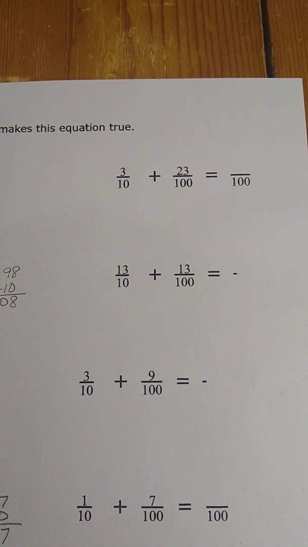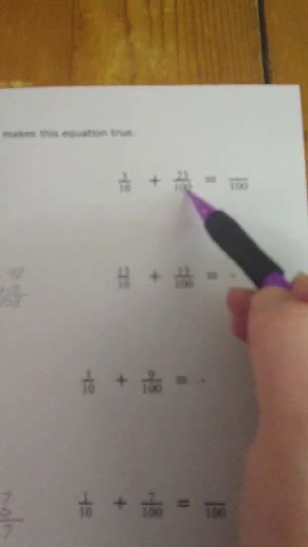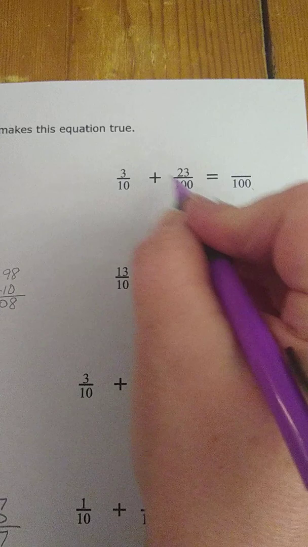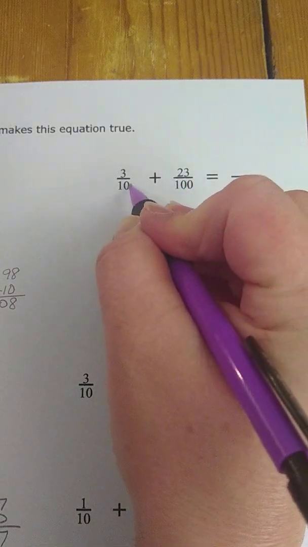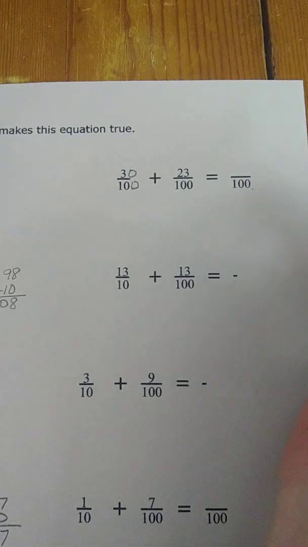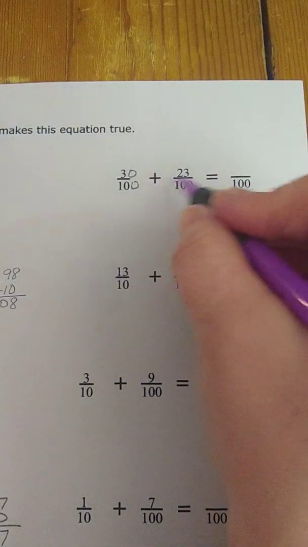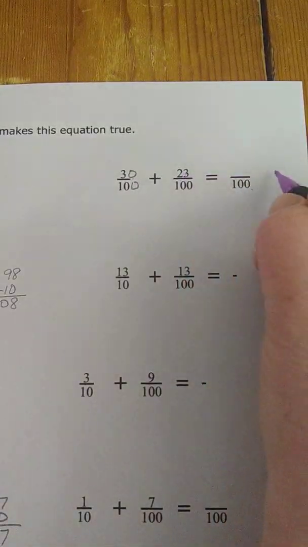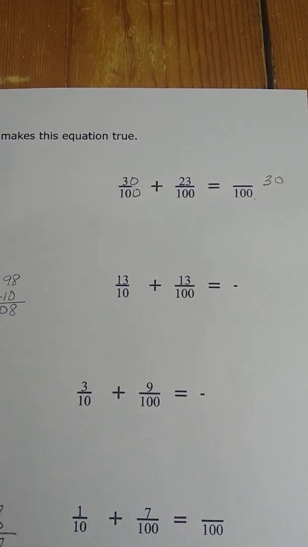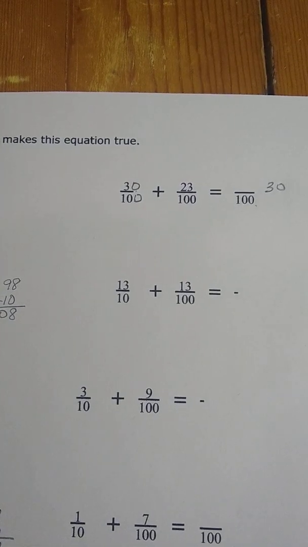Moving on to the right side there, the right column. Again, we need to convert to hundredths, so we have to make that tenth into a 100th, multiply by 10, add that 0, so 30 hundredths plus 23 hundredths. So if you need to stack them, you can. Let me see the paper underneath.